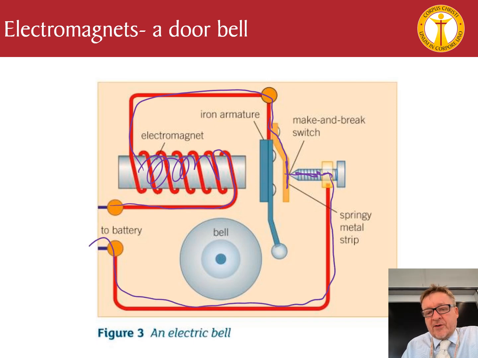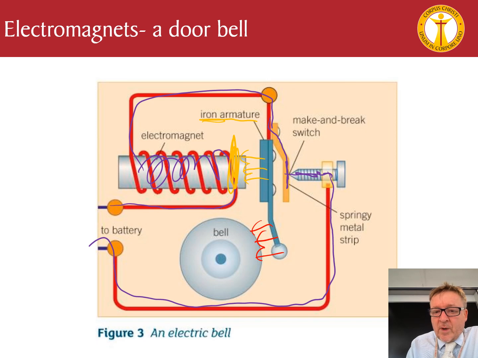When you've got that electromagnet on, which is when the electricity is flowing, this electromagnet here attracts that blue arm, because that blue arm is made of iron. It's like an armature. That, in turn, dings the bell.